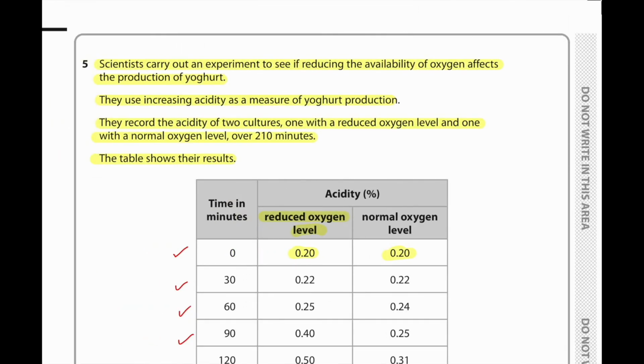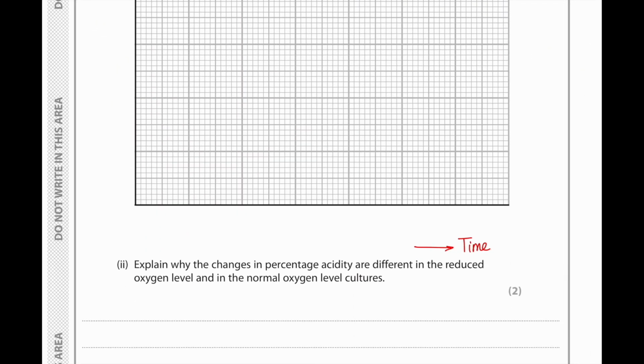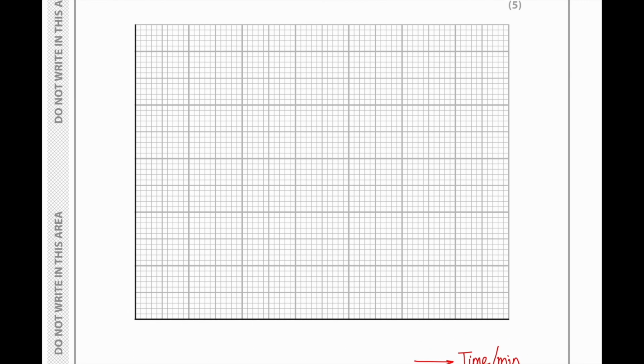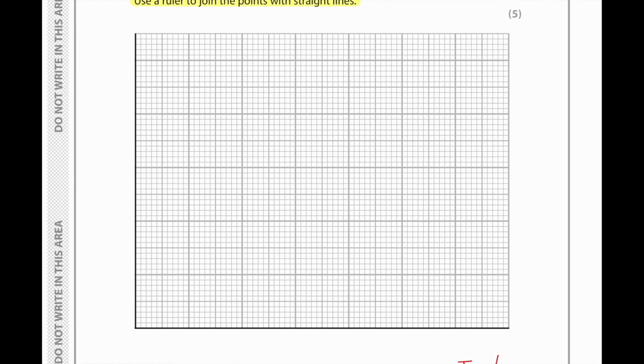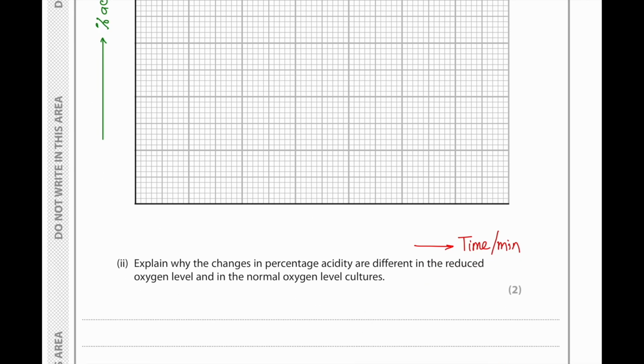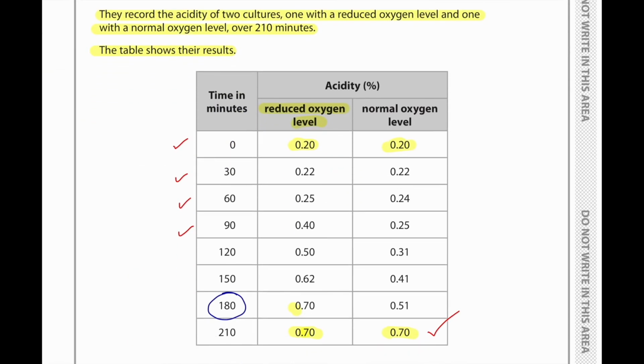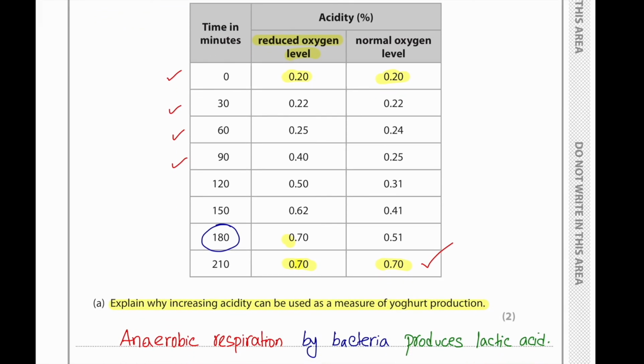Now we're going to see the minutes, so time slash minutes. Then on the y-axis we must choose the other unit that represents the dependent variable, which is the result: the percentage acidity. For time in minutes, 0 to 210.